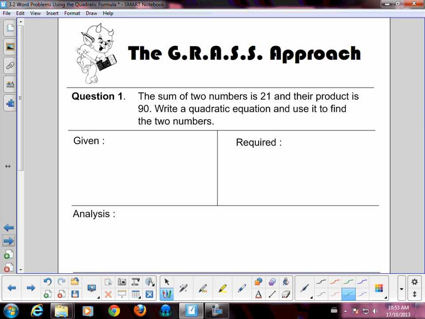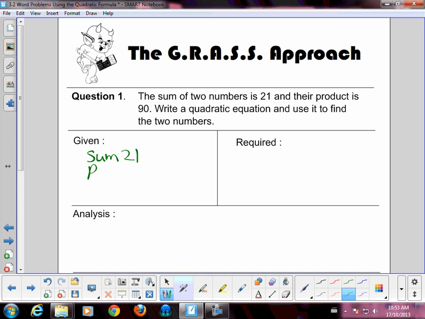Okay, so I have here the question, and the question says: the sum of two numbers is 21 and their product is 90. Write a quadratic equation and then use it to find the two numbers. So let's look at what we are given here. We're given that we have a sum, and that sum is 21.